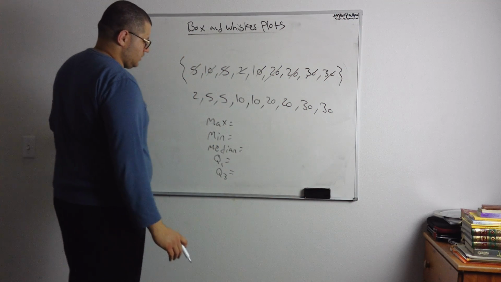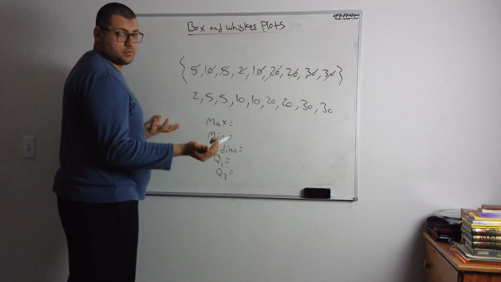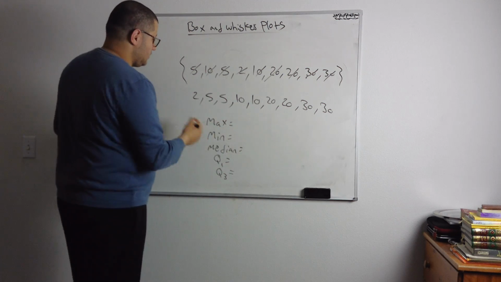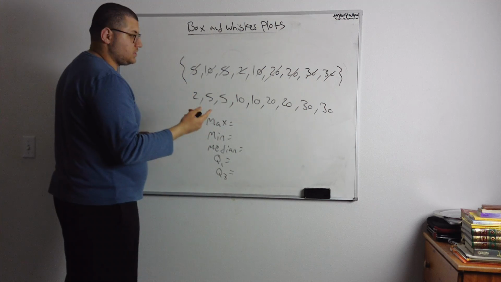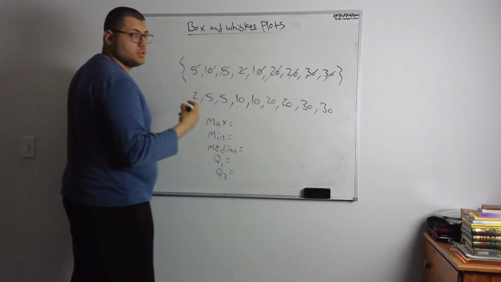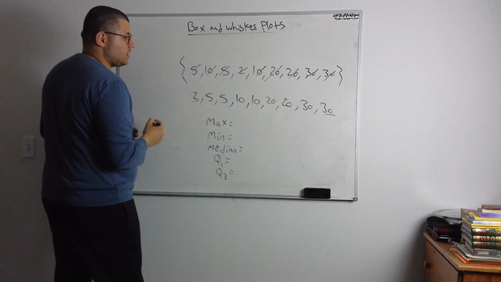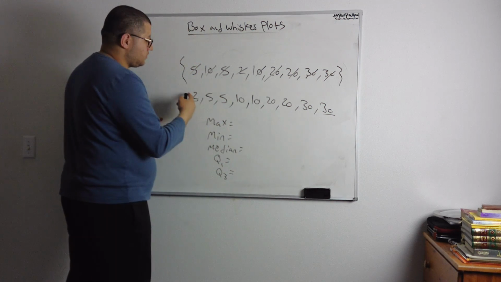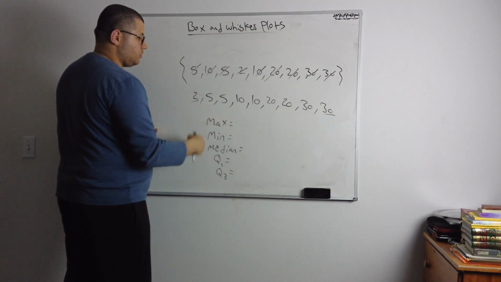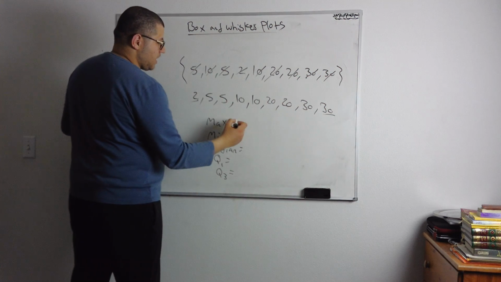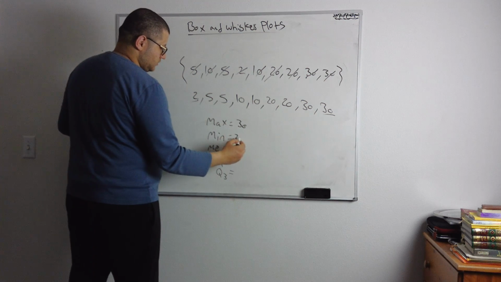Maximum and minimum are the easiest, so they should be the first things you grab. Your data is already arranged from least to greatest, so the greatest number will be on the far right and the least number on the far left. So the maximum is 30, the minimum is 2.